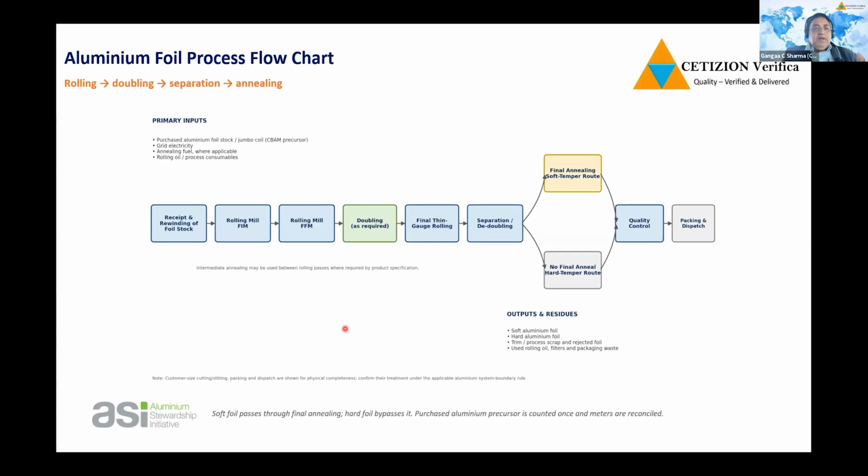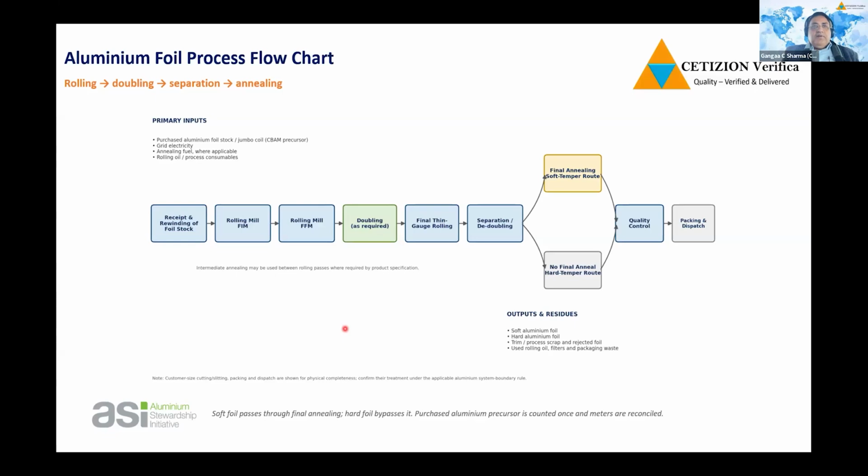And if you are making ultra gauge thickness, you might need an intermediary rolling mill, then a finish rolling mill. And then there's a term they call doubling, and then final thinning, and finally separation. And based on the aluminium grade, either you need hardness or toughness, based on the mechanical properties, the heat treatment is carried out. And then quality assurance. This is a typical flow of foil production.